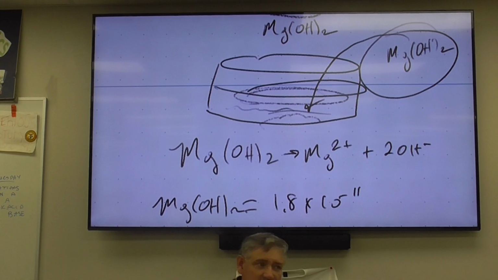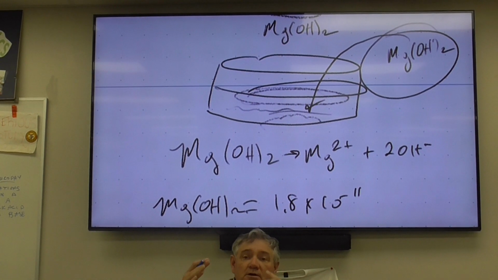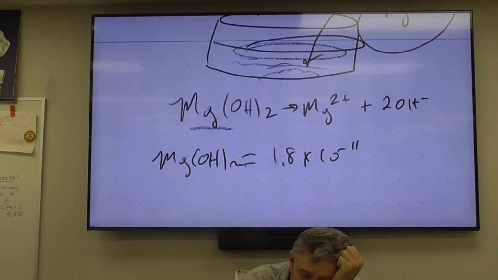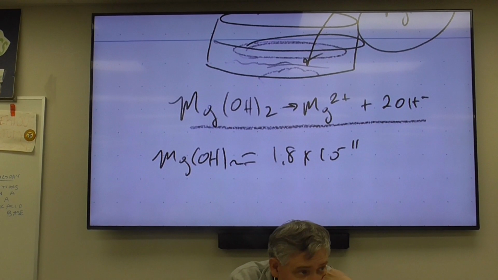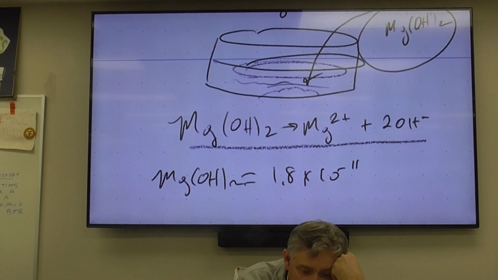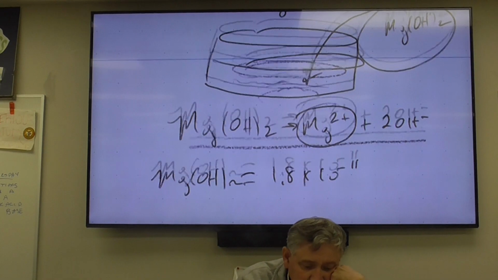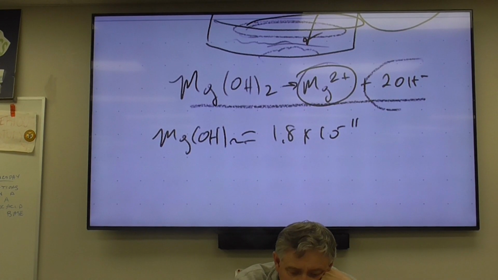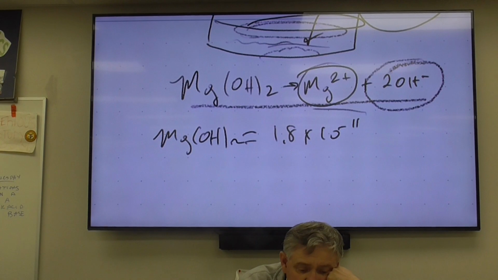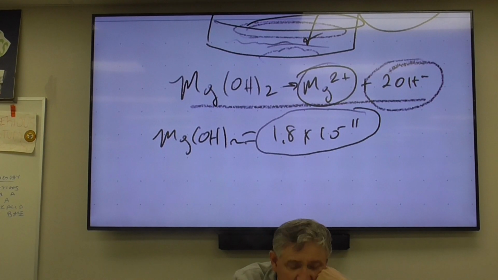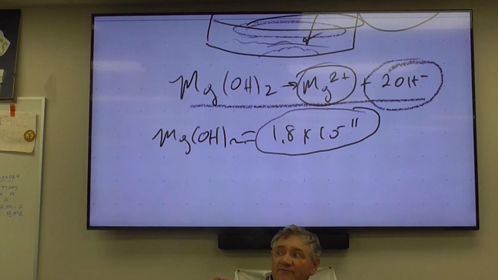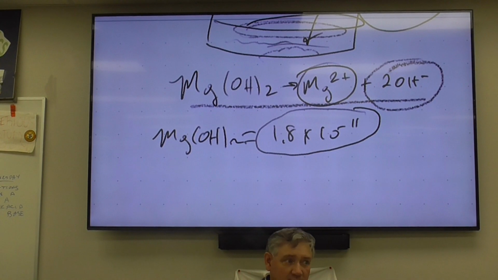It's the same idea. Now, what we're saying is that if you look at this magnesium hydroxide, the concentration of your magnesium ions multiplied by the concentration of your hydroxide ions, Mother Nature wants to reach this value, 1.8 times 10 to the negative 11. That's a very small number, okay?